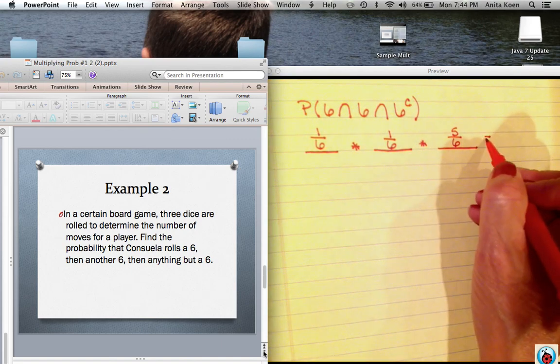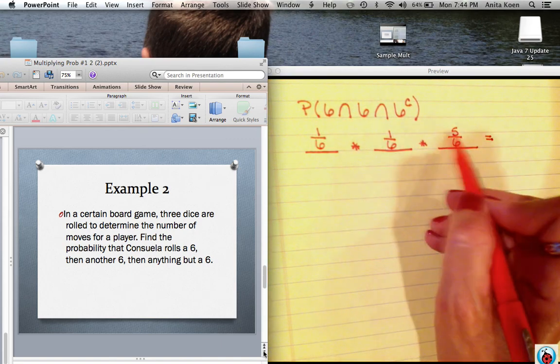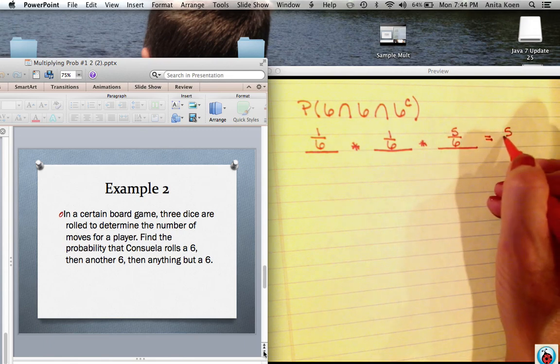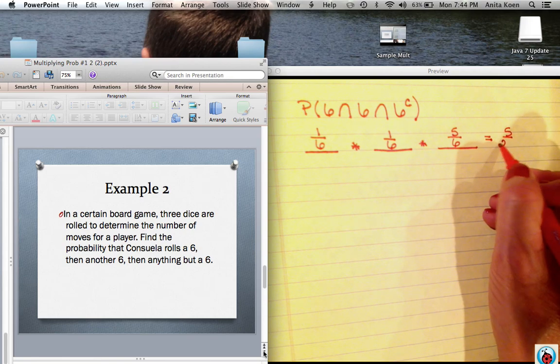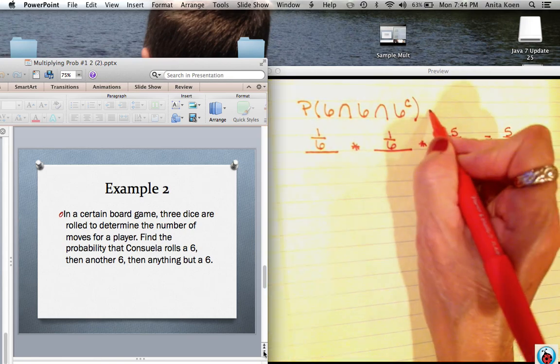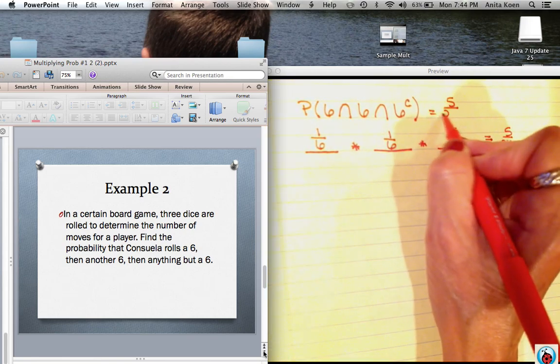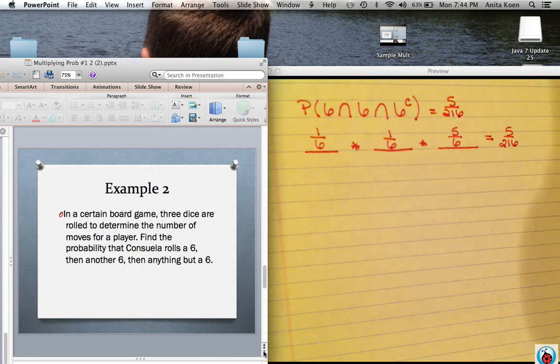So we're going to multiply these together. 1 times 5 is 5. 6 times 6 times 6 is 36 times 6, which is 216. So the probability that she will roll a 6, and then anything but a 6 is 5 out of 216.